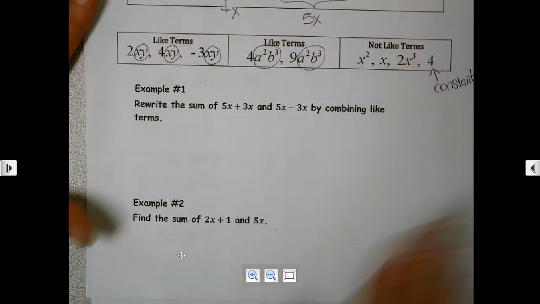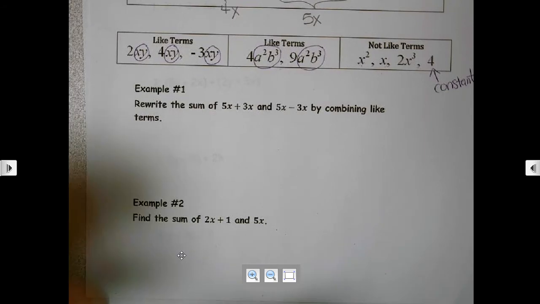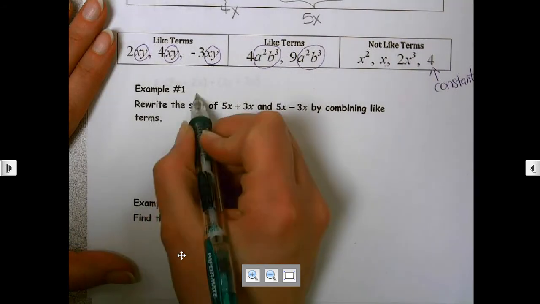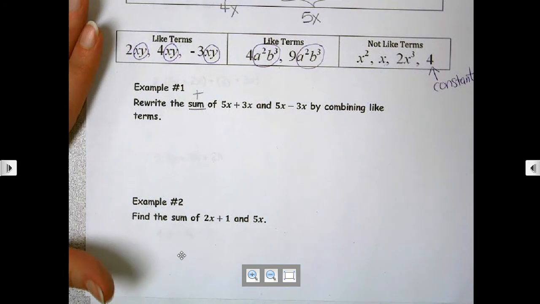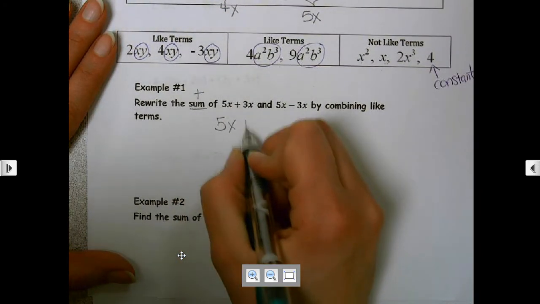So let's take a look at some examples. The first example says rewrite the sum of 5x plus 3x and 5x minus 3x by combining like terms. Remember, sum means the answer to an addition problem. So we will be adding these two sets of terms.